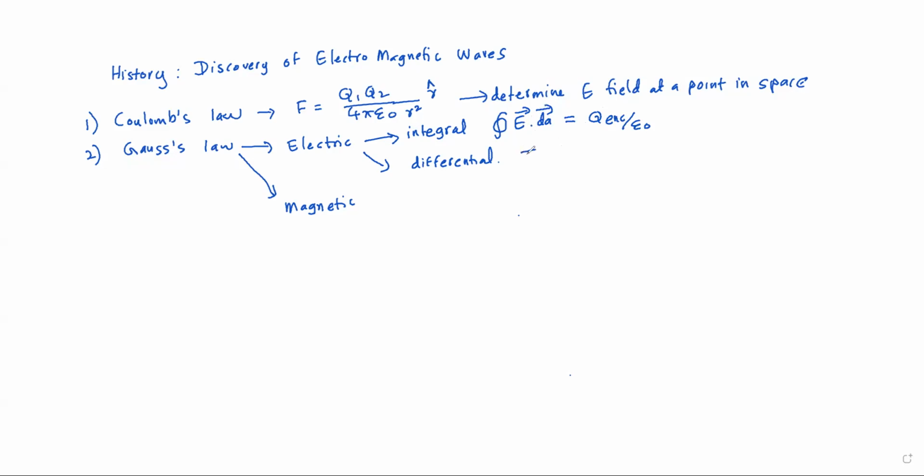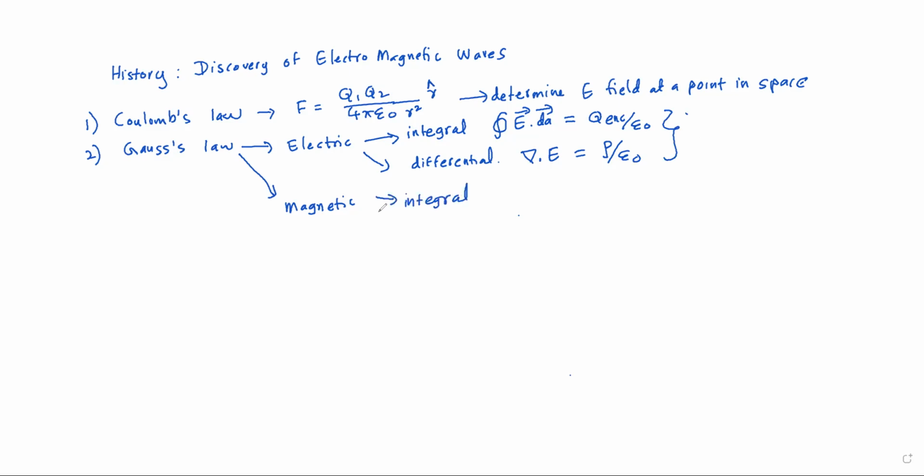Then the differential form says that the electric flux going out at a certain point is equal to the charge per unit volume over epsilon naught. These were the equations that we have already discussed, so you know these things.